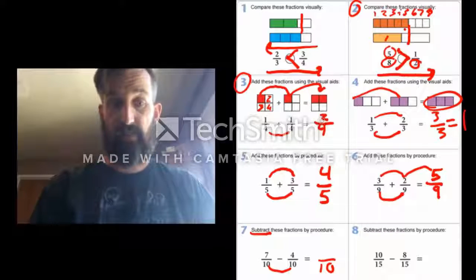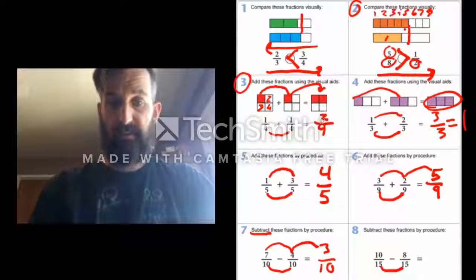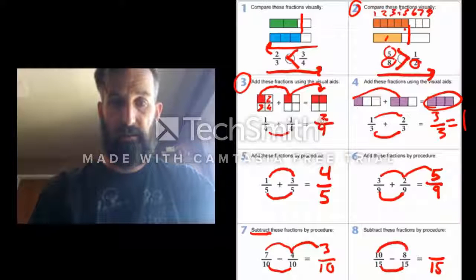So 7 minus 4 is 3. I get 3/10. The denominator is the same, so that's good. I just write 15 on this side, and now I want to go 10 minus 8, and 10 minus 8 is 2. 2/15.